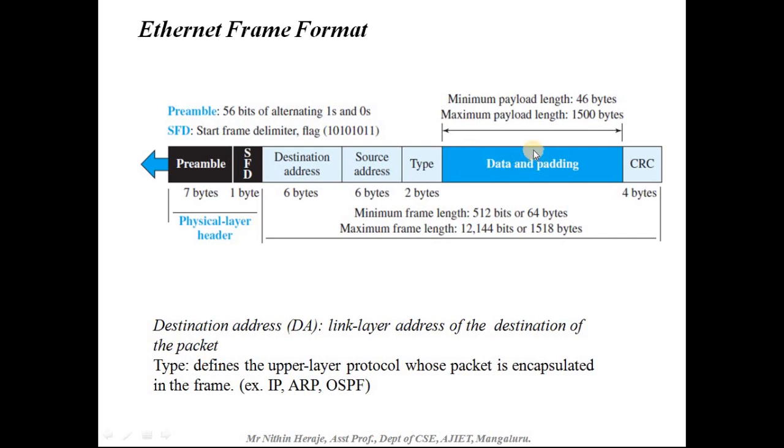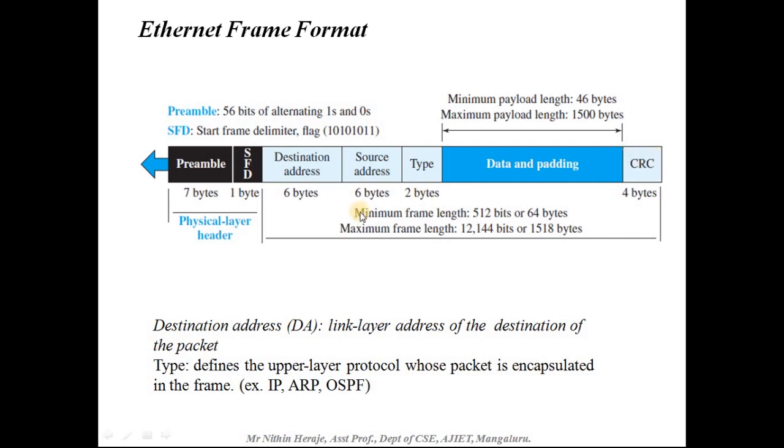This field should have a minimum payload length of 46 bytes, and the maximum is 1500 bytes. And this is the CRC, cyclic redundancy check, with 4 bytes to detect in case there is any error.